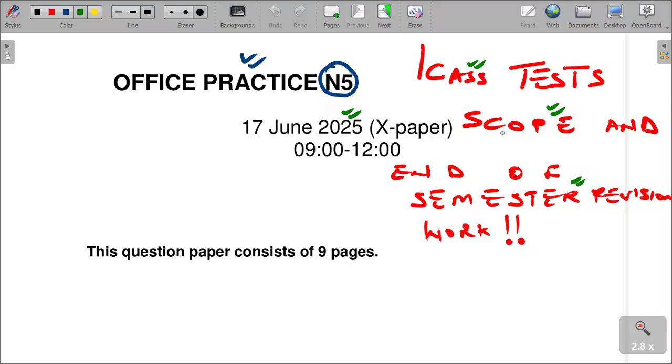We are going to go through some revision for ICAS scope as well as semester revision work. So without wasting any time, note that this is Office Practice N5. We are doing Office Practice N5. It's a 2025 paper.